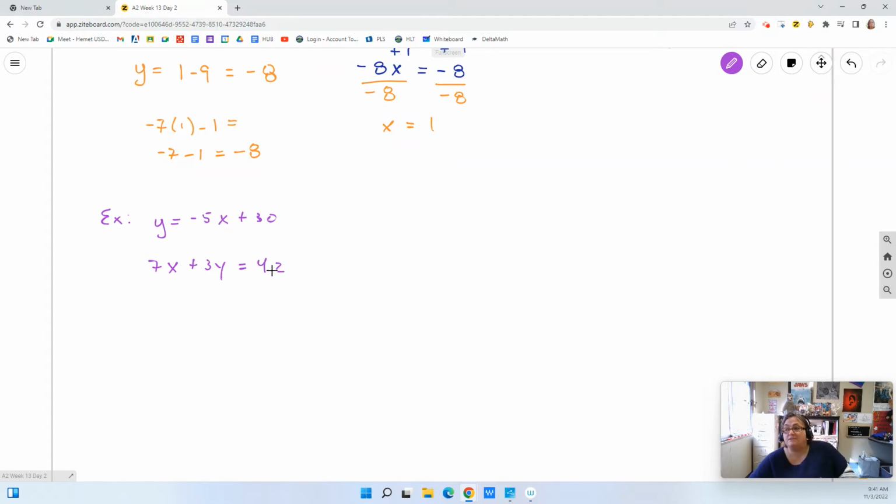Now, one of these equations is already solved for y. Right here, we have y equals something. So I really don't have to do anything as far as isolating one of the variables. Because y equals this, minus 5x plus 30, it means that I can take what it equals and plug it right in here for y.